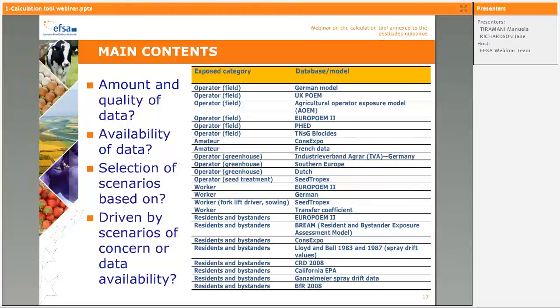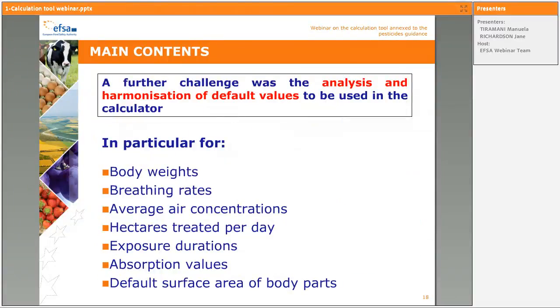Out of this, of course, we made an assessment of the appropriateness, suitability and availability of the data in order to prepare the final version of the guidance and of the calculator.